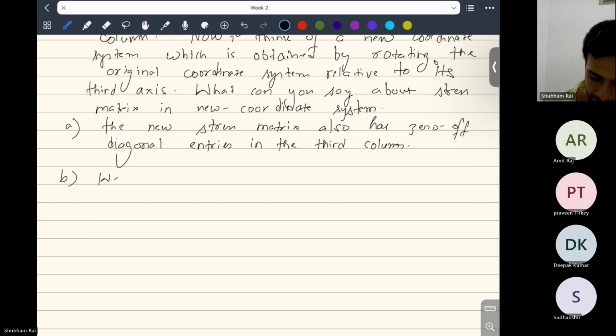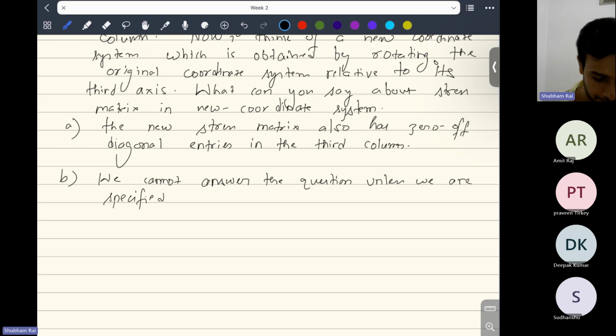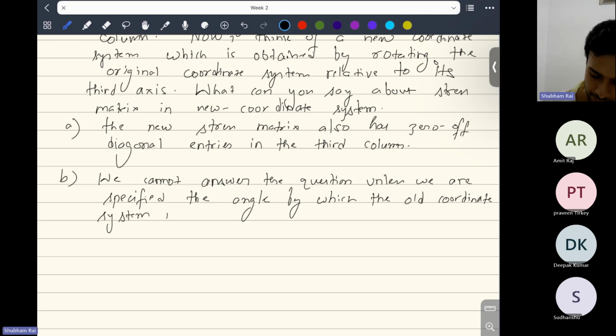B: we cannot answer the question unless we are specified the angle by which the old coordinate system is rotated.